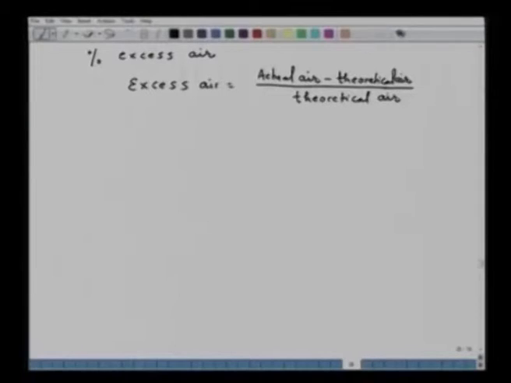So, we can calculate now. First we have to calculate theoretical air, because the actual amount of air we have already calculated, that is 1.916 meter cube. Now, what we have to calculate is the theoretical air. Now, you recall what it means by theoretical air?